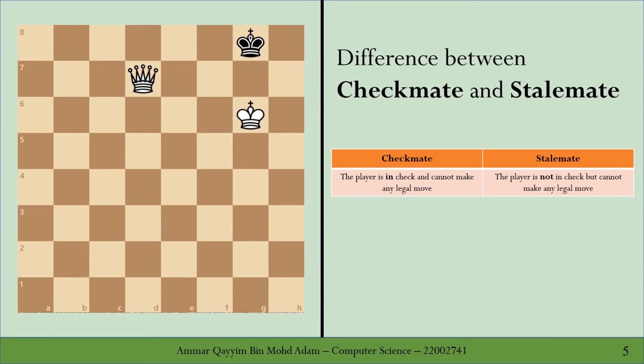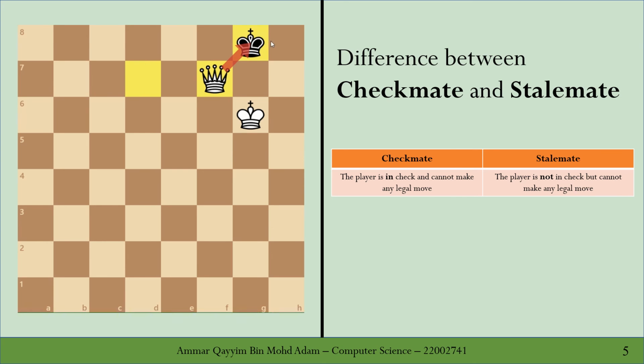The difference between a checkmate and a stalemate is that a checkmate is when the player is in check and cannot make any legal move, while a stalemate is when the player is not in check but cannot make any legal move. Here we have a queen endgame. What would be a checkmate here is queen to f7.